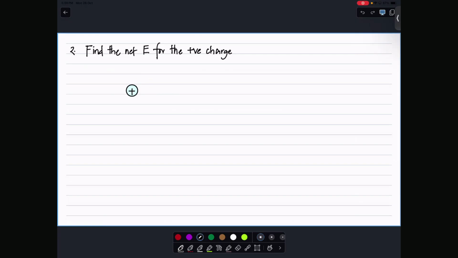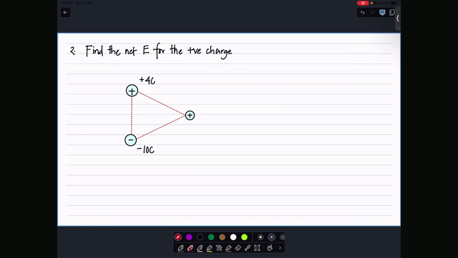So this is plus 4 coulomb. And then you have another charge here at the bottom, negatively charged, minus 10 coulomb. And you have your test positive charge here. Find the electric field. And the distance is provided here. This distance is equal to that distance, and that distance is provided.